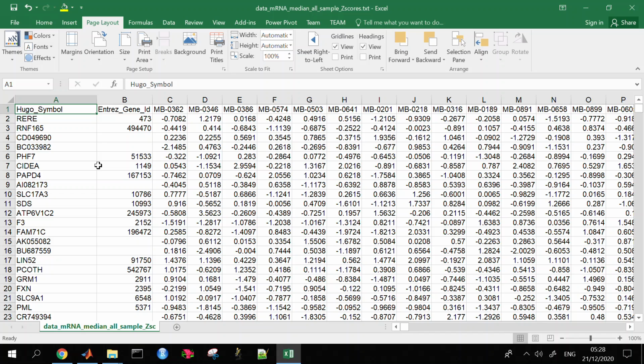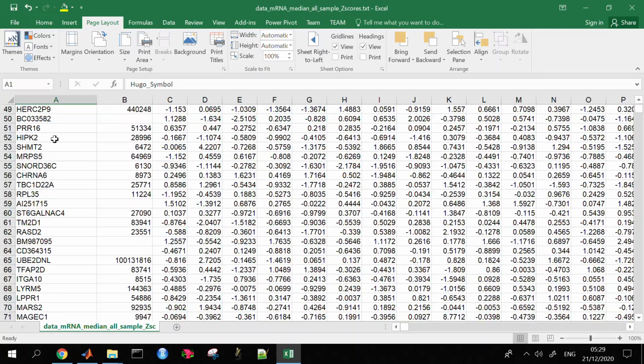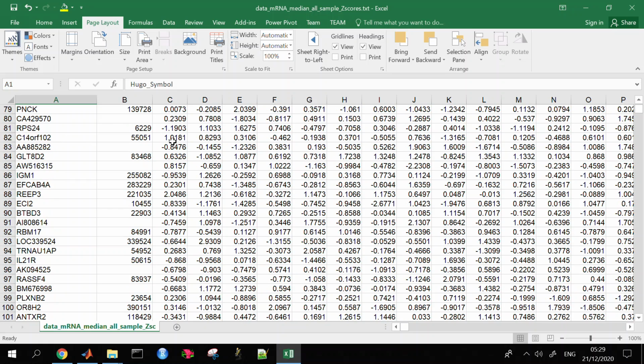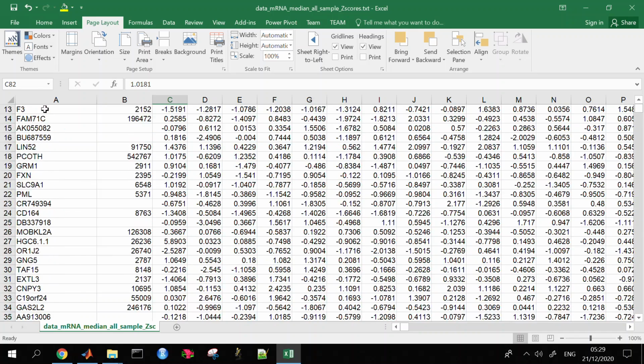Now, we can work with both or either one of them, but my code was mainly tested on the Hugo symbol. Okay, and these are normalized expressions of mRNA, which were taken from cancer biopsies of the patients.